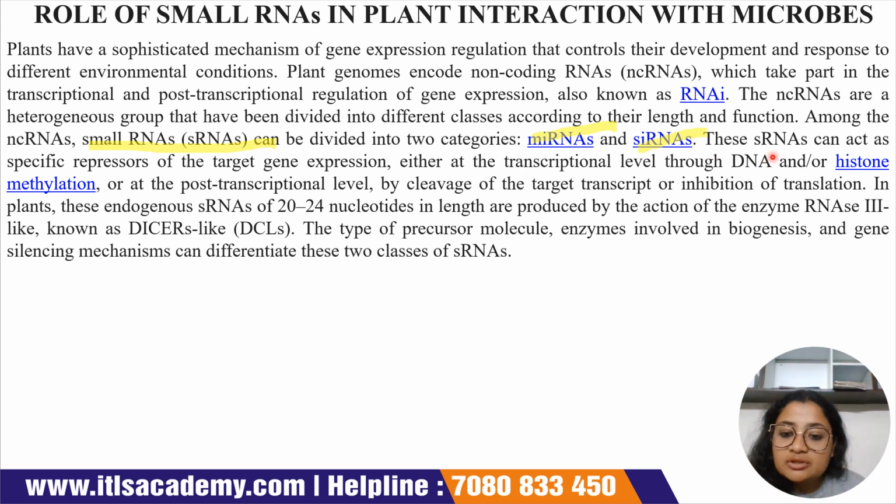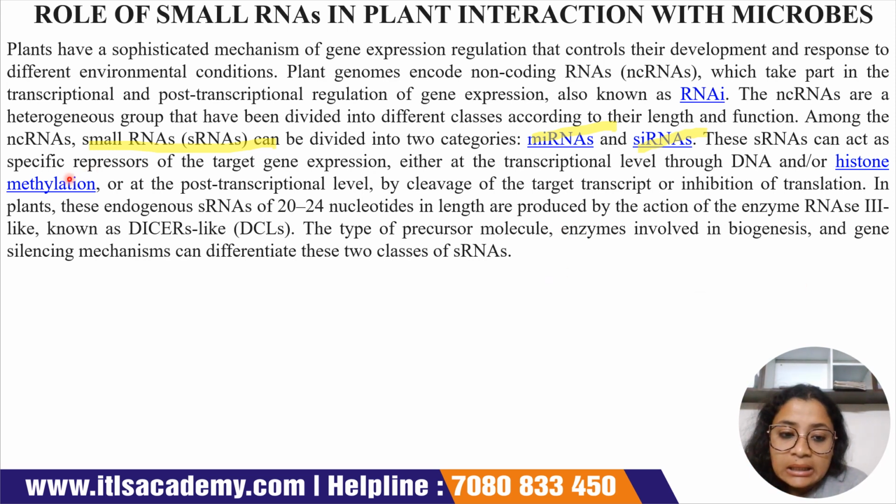These RNAs will be able to act as specific repressors of the target gene expression, either at the transcriptional level through DNA or histone methylation, or at the post-transcriptional level by cleavage of the target transcript or inhibition of the translation. So the main target will be somehow repressing the expression of the target gene, and that can be done either at the transcriptional level or at the post-transcriptional level.